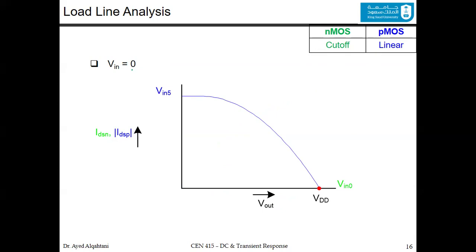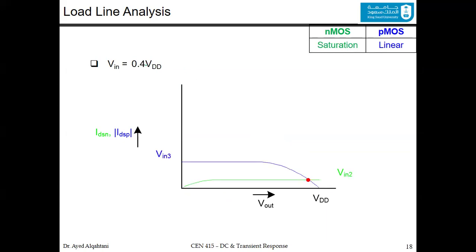The output is supposed to be VDD because it's an inverter. And this is actually right. The output is VDD. Now, if you increase the input a little bit, to only 20% or even 40%, you can see that the red operating point is still close to the VDD, which you can consider logic 1.